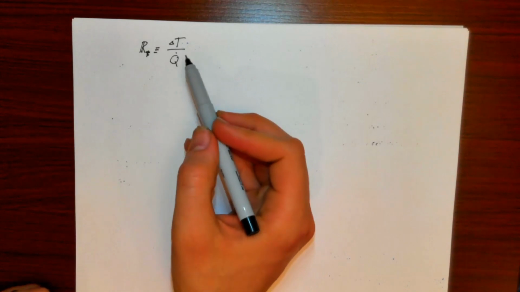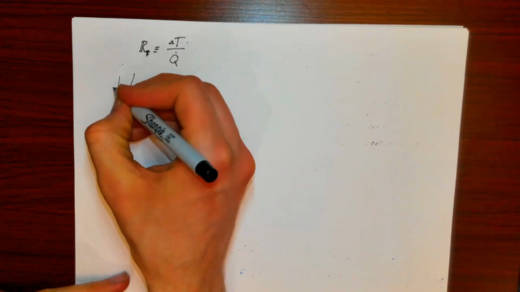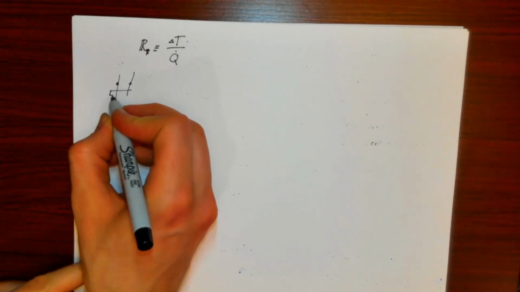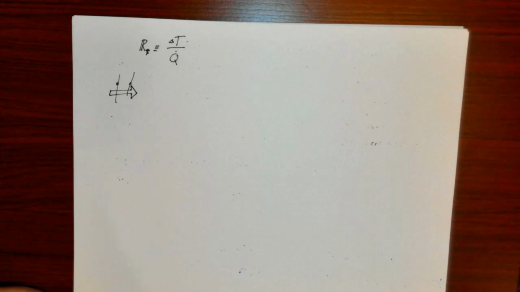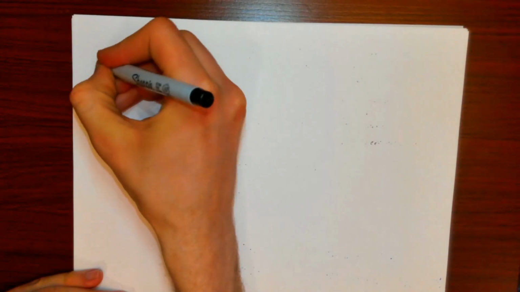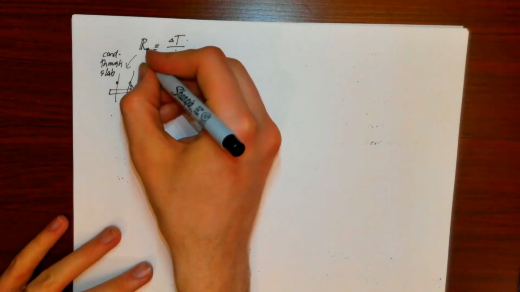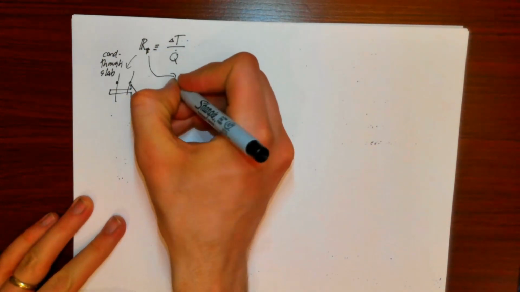Last time we said this delta T could be, for example, the temperature difference on two sides of a wall, and the heat flow could be a heat flow through the wall. So this is for conduction through a slab.